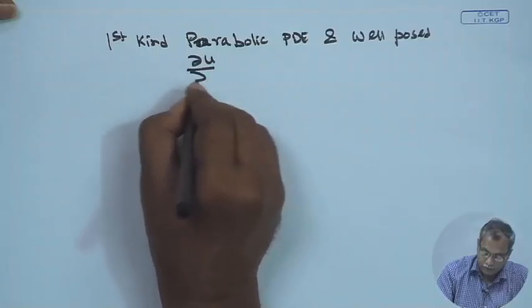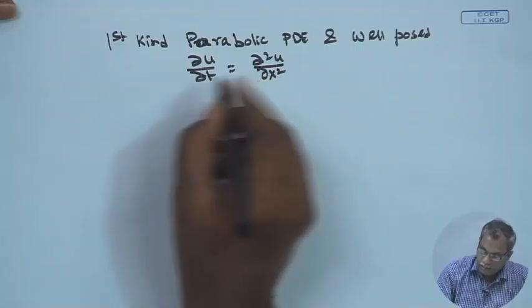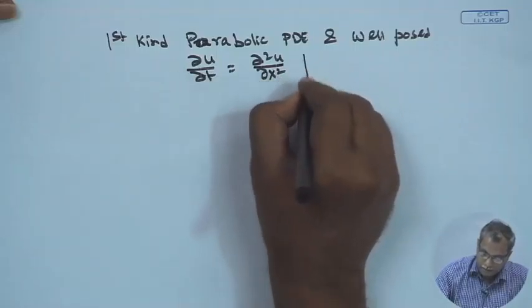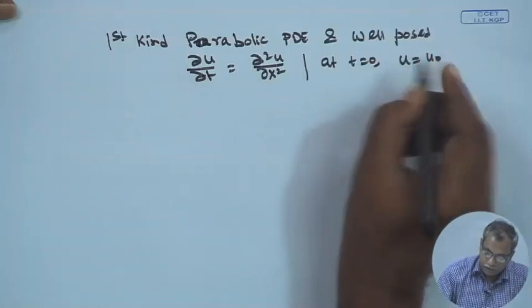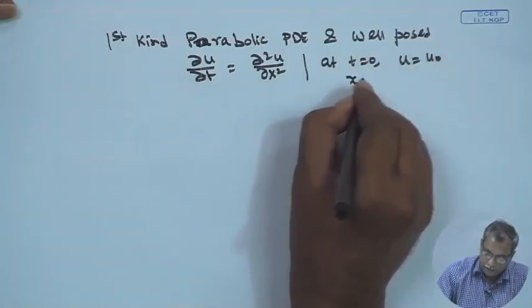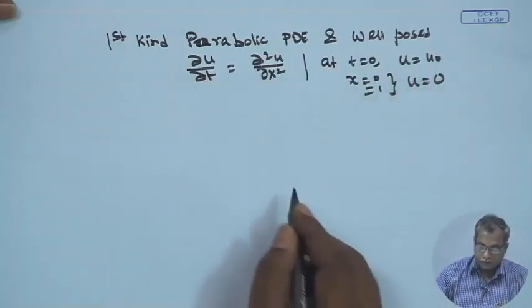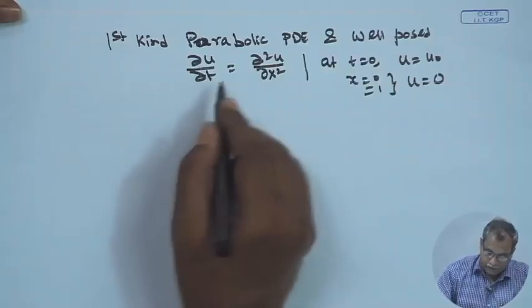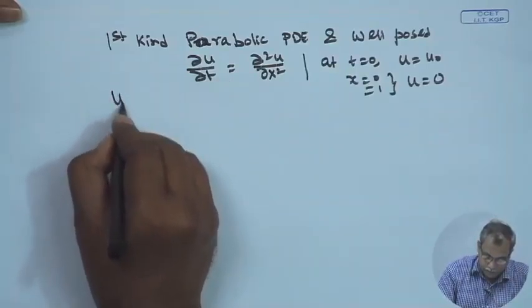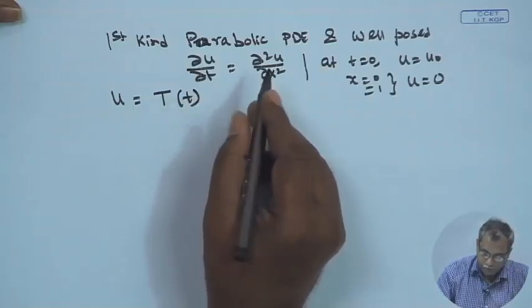So, del u del t is equal to del square u del x square, and at t is equal to 0, u is equal to u naught, at x is equal to 0 and 1, u is equal to 0. If this is the case, then we assume that u is a product of 2 functions.